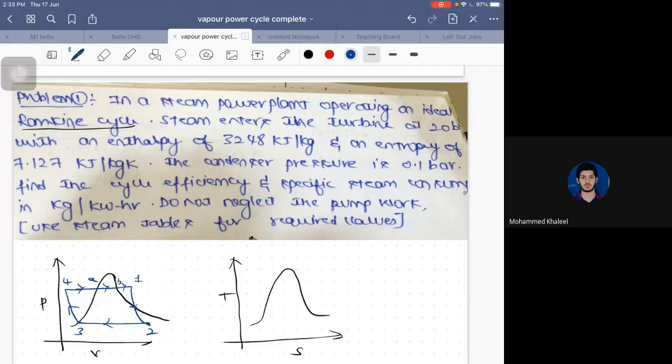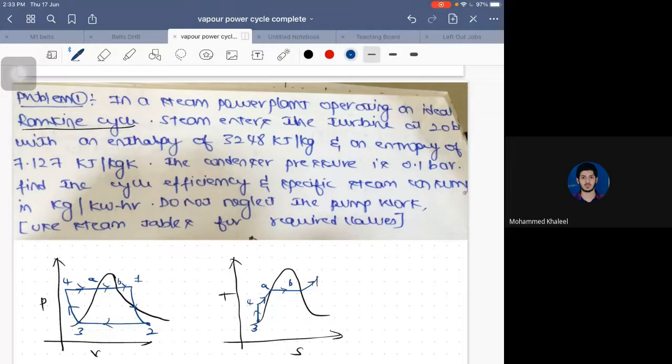Second, in case of a TS diagram, how do you draw it? 3 to 4 is the pumping process, something like this. Now 4 to A, you raise the heat in the economizer. A to B, you change the phase in the boiler. B to 1, again you raise the temperature using the superheater.